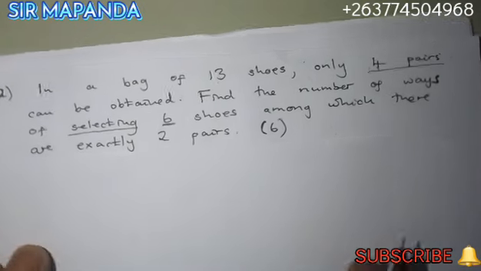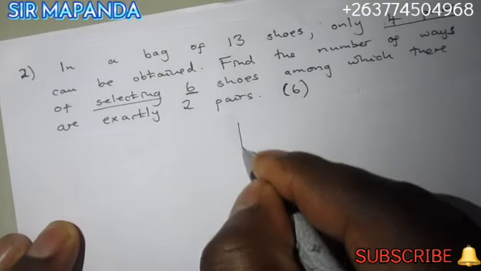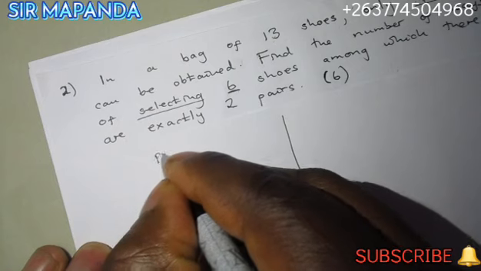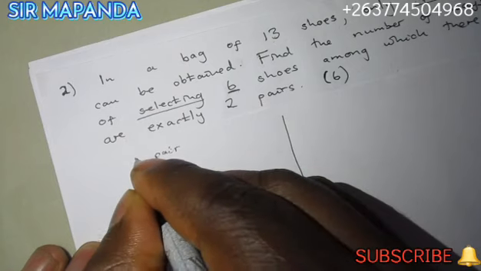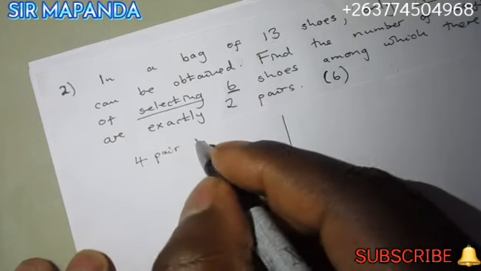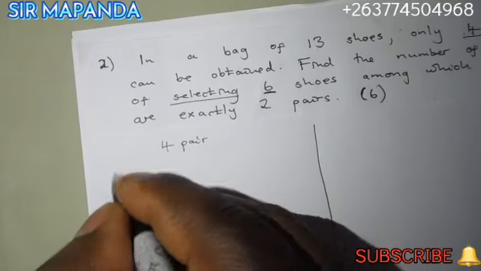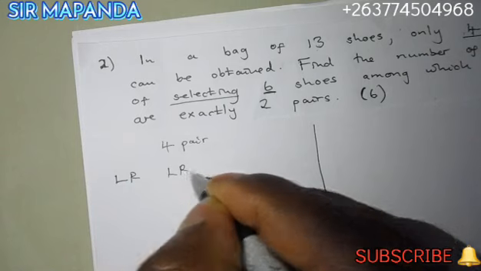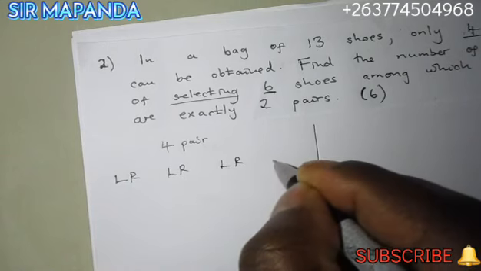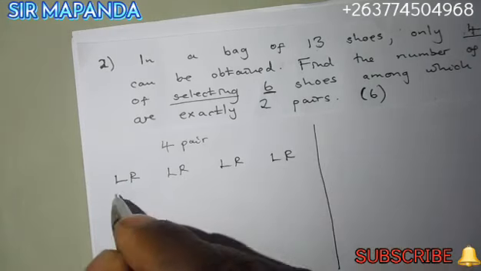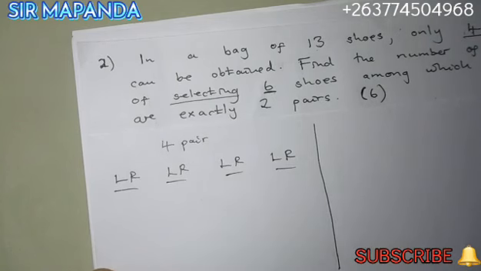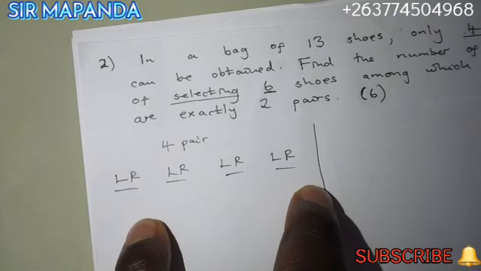6 marks. So what you need to do is put a demarcation line first. Then on the left side, you want to put the pairs of shoes that we have. We have 4 pairs of shoes, so you'll have left and right shoe, left and right shoe, left and right shoe, left and right shoe: 1, 2, 3, and 4 pairs, which are 8 shoes in total.